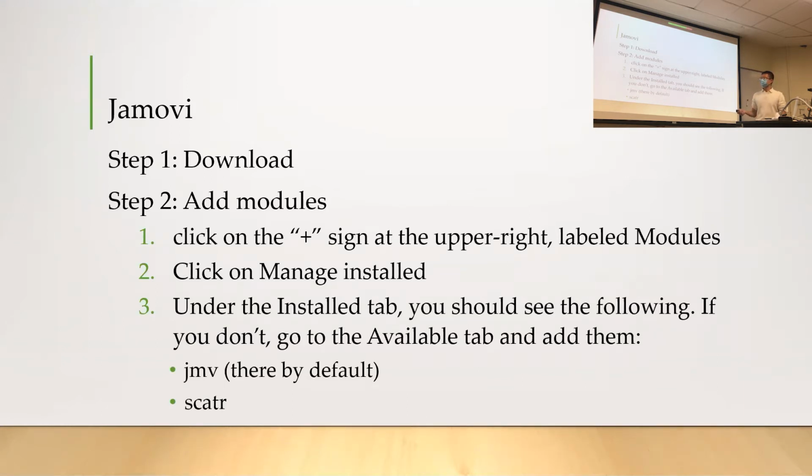And those modules allow you to add graphs, do simple analysis. Also, you can find more information. I put a link on the notes section of the PowerPoint slides. You can go over there, and this website tells you how to navigate around Jamovi if you need more information.